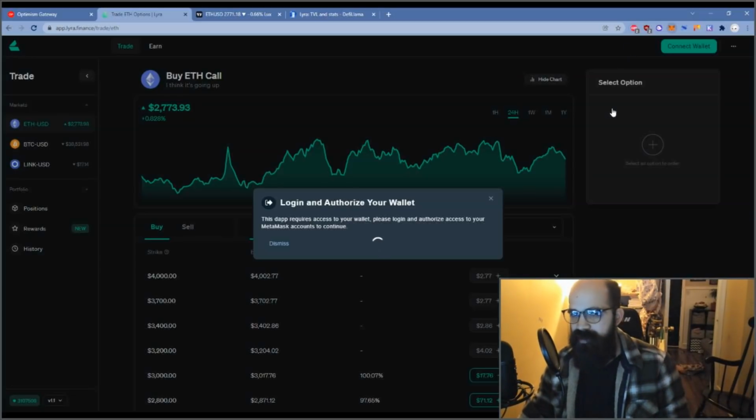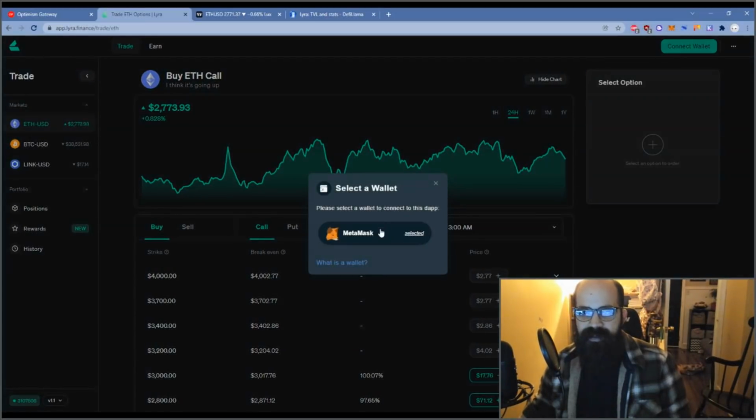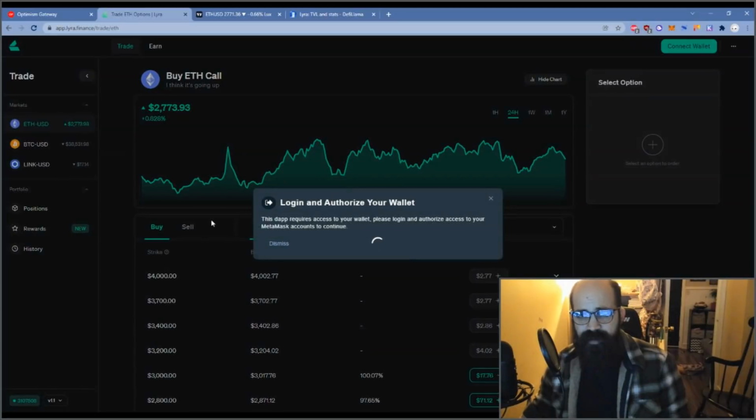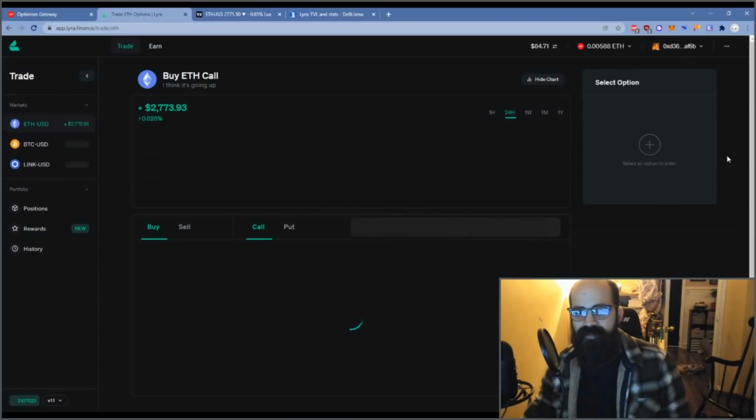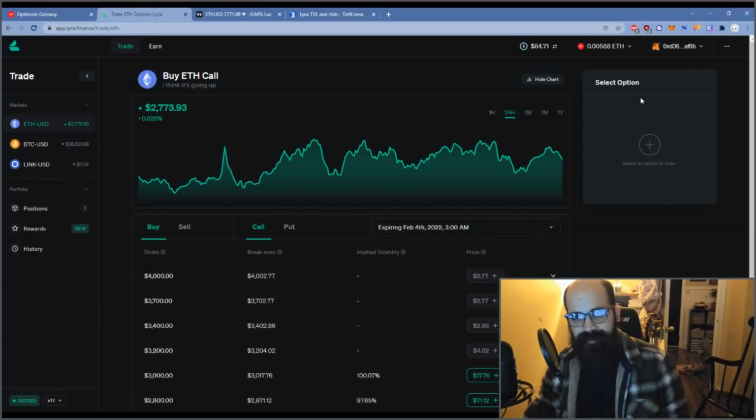You can click yes, and then you'll have Optimistic Ethereum. I'm just going to switch over to Optimistic Ethereum now, and then I'll click Connect Wallet, and I should be good. Now, it says log in and authorize your wallet. Really, I'm just going to refresh, and it's going to work. Refresh, as I always mention, is the magical button in DeFi, because once I refresh, you can see my wallet is connected. So keep that in mind.